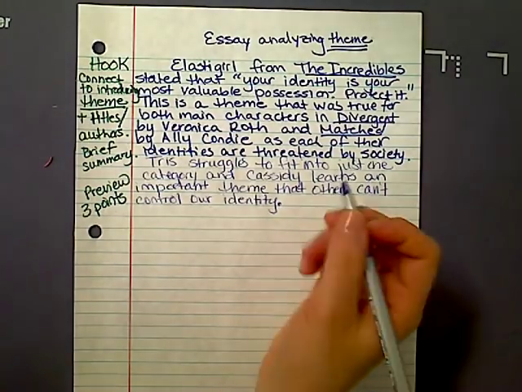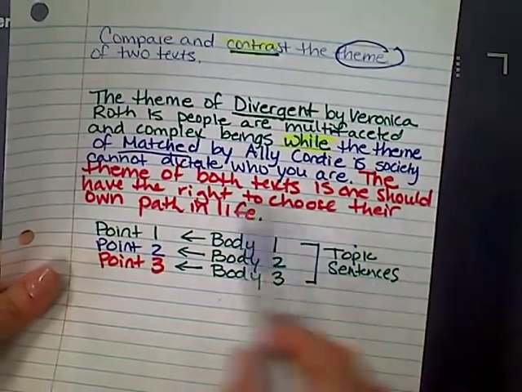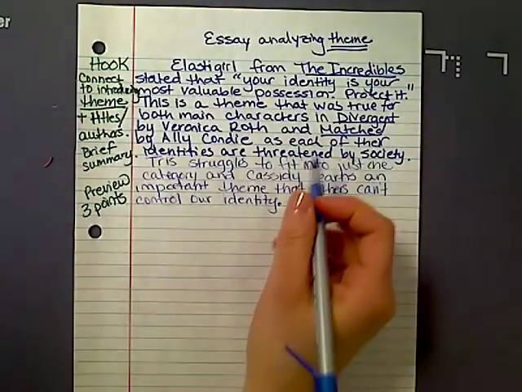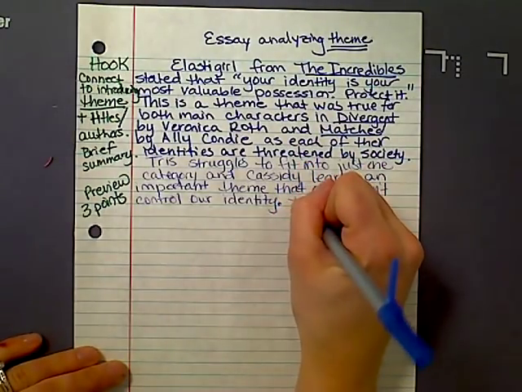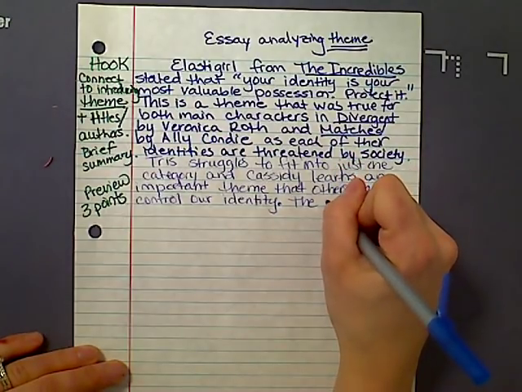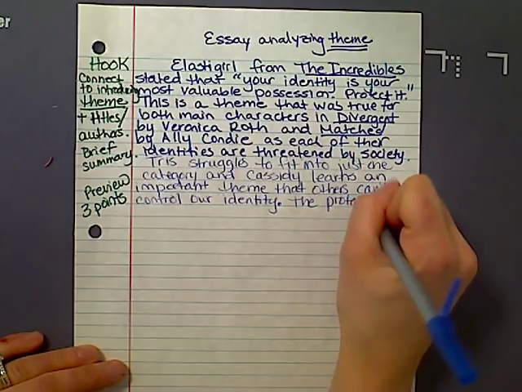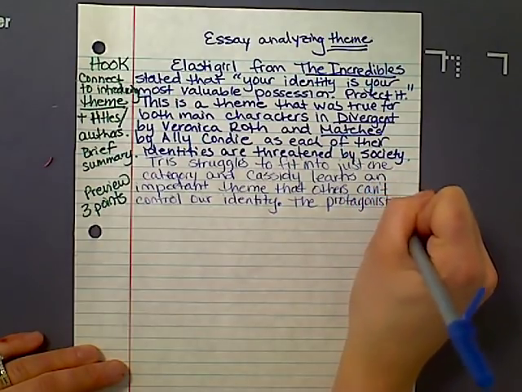And then my third point is that the theme of both texts is one should have the right to choose their own path. So I could say the characters or protagonists, because they're the main character. Use good terminology.